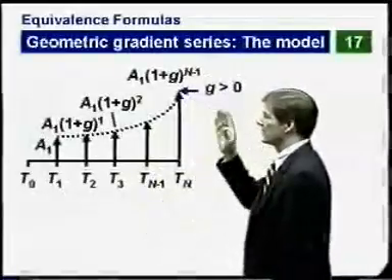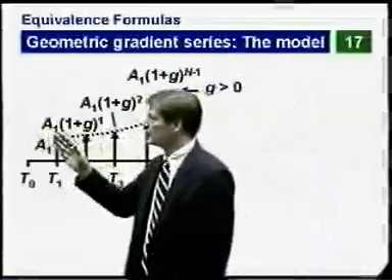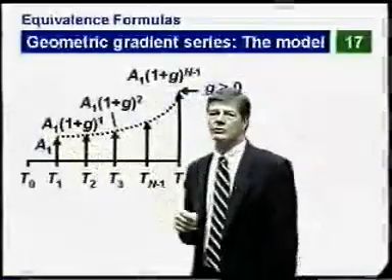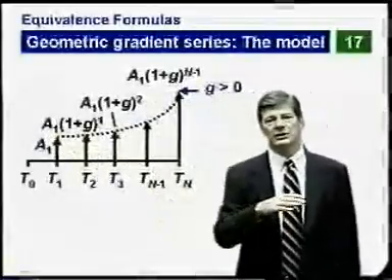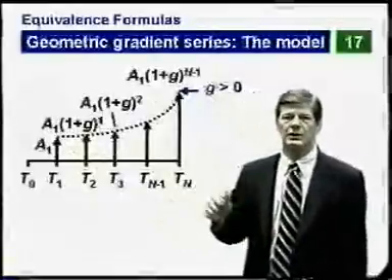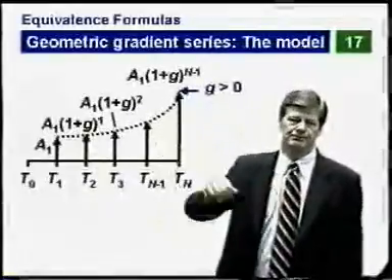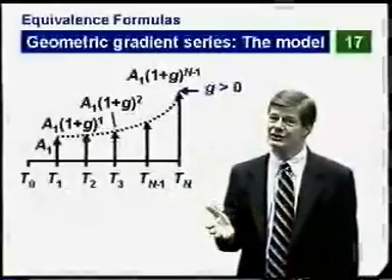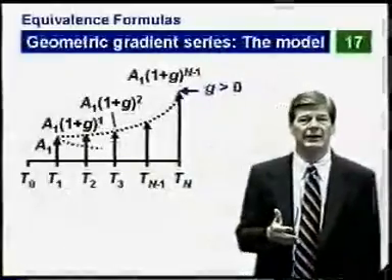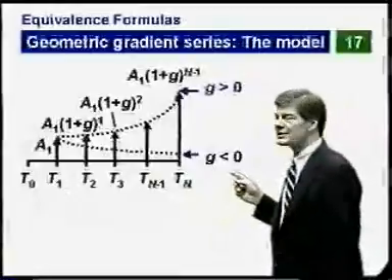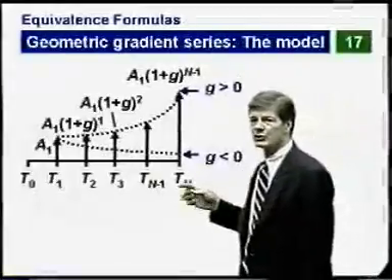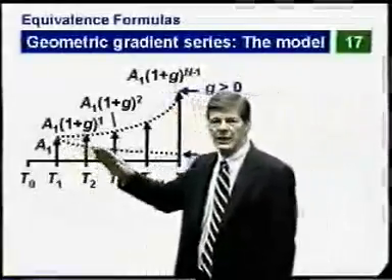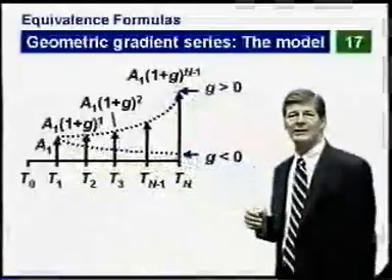Now you'll notice here that I've represented this particular graphic where the value of G is greater than 0. That is, these cash flows are represented as shown here as increasing with time. It should obviously occur to you G need not necessarily always be positive. In fact, G could be less than 0, in which case you have a situation in which the cash flows are decaying with time.